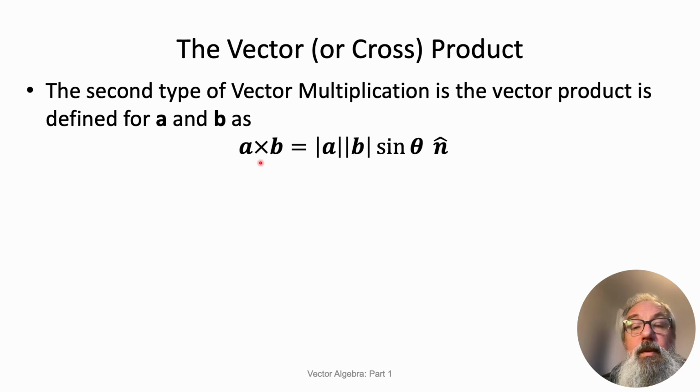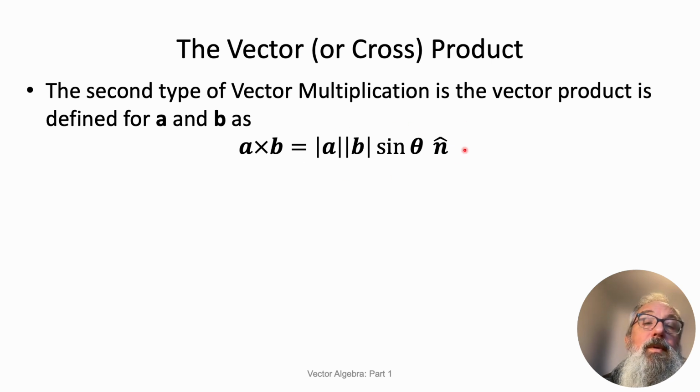That's why it's sometimes called the cross product, and I'll use those two terms interchangeably. This is defined as the magnitude of the two vectors times the sine of the angle between them times a unit vector n. Now this is written as n because it's a unit vector in the normal direction.